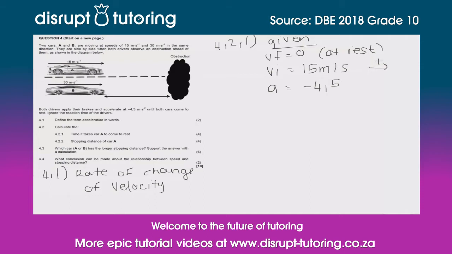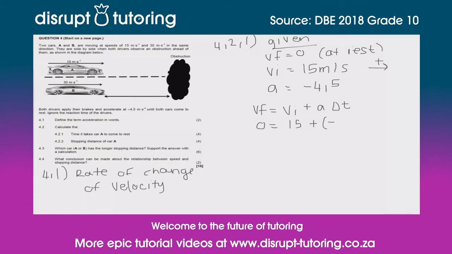So the equation that comes to mind for me is the final velocity is equal to the initial velocity plus acceleration times change in time. Okay, cool. Then we can just plug everything in. We know the final velocity is 0. We know the initial velocity is 15.